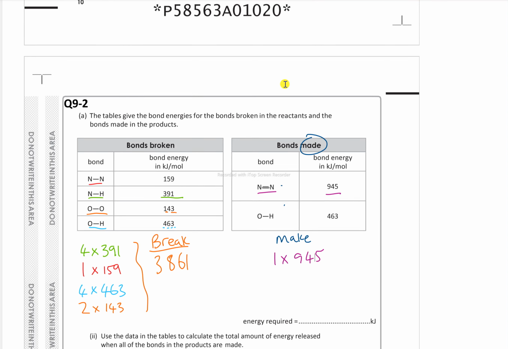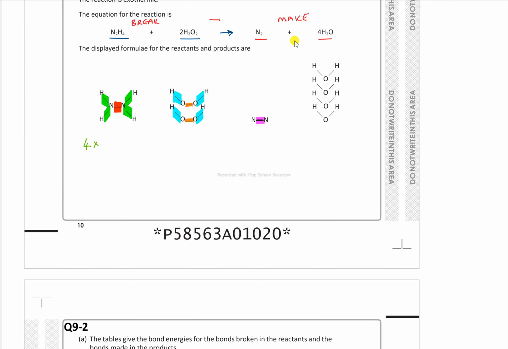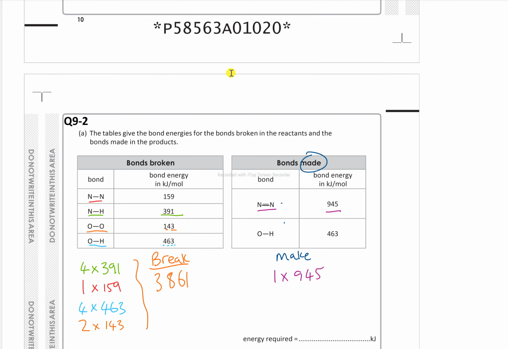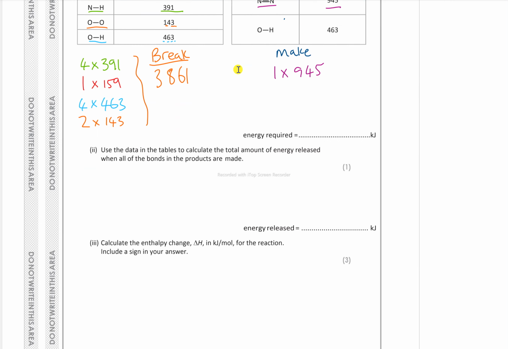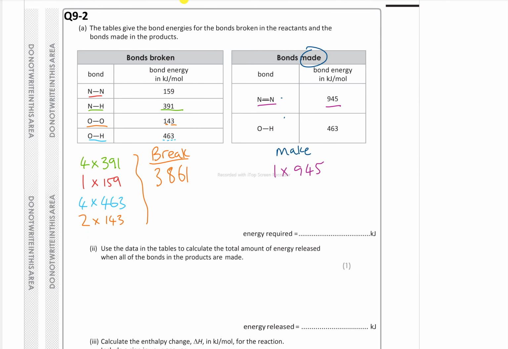And then the rest are hydrogen, oxygen, 1, 2, 3, 4, 5, 6, 7, 8. So we've got 8 times oxygen hydrogen bond is 463. Now if you add these up, you get 4649. That's according to the mark scheme.